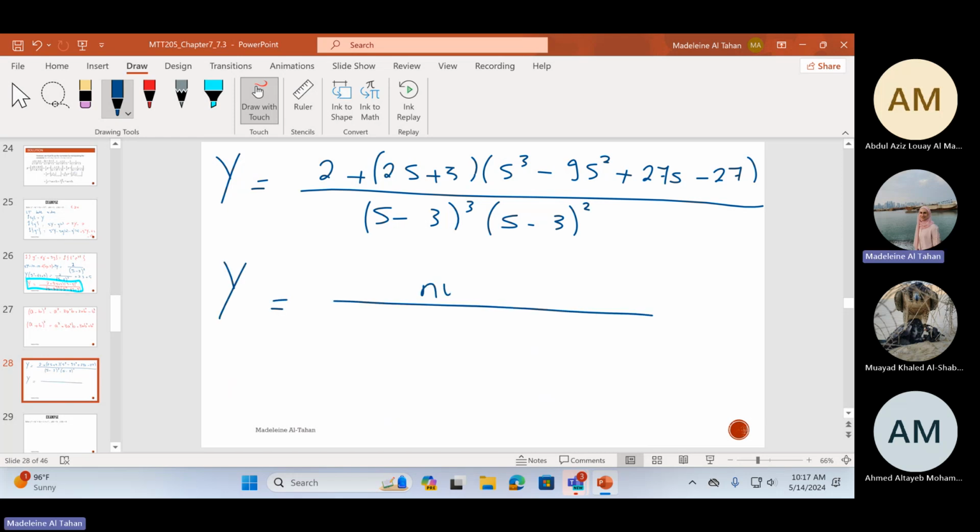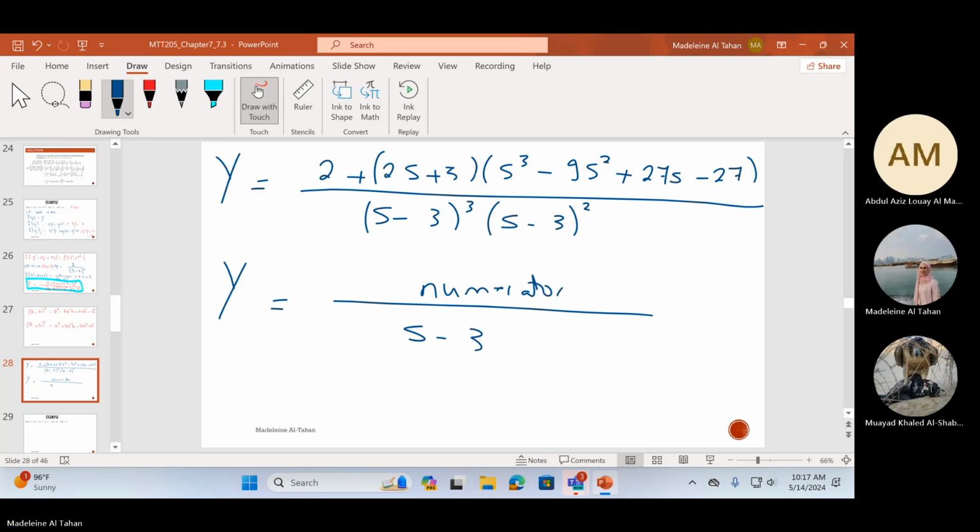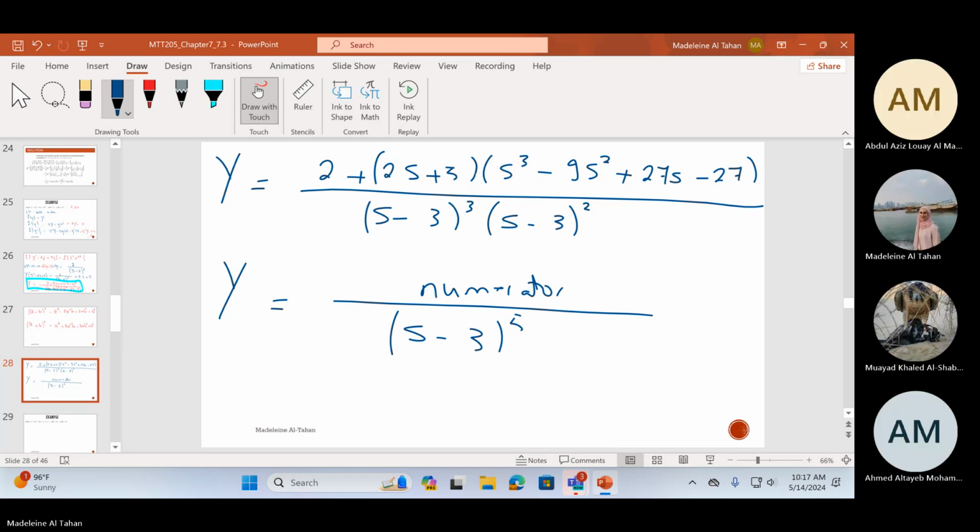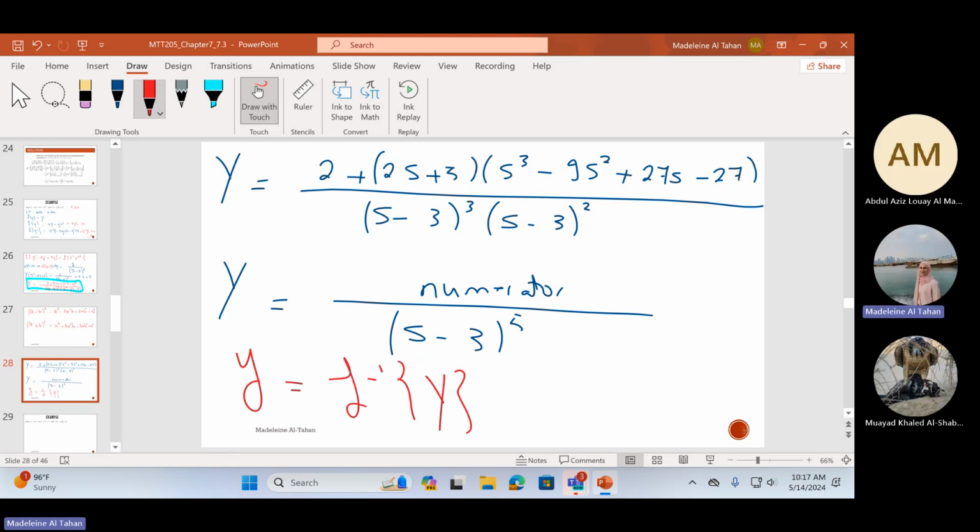The numerator, I will write this down. Minus 3 over 5. Now, what's y? We wrote it in its simplest form, so y is equal to Laplace inverse of capital Y. This is the next step.